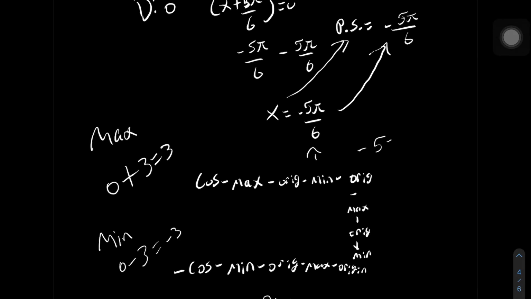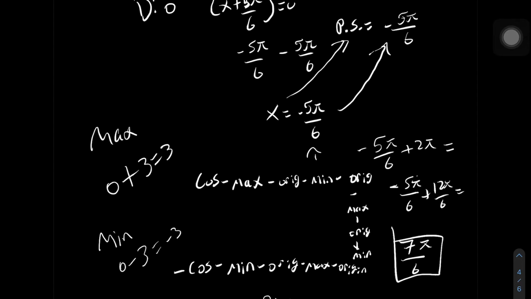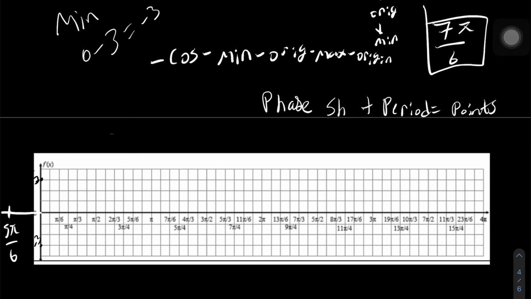So we have negative 5 pi over 6 plus 12 pi over 6, which is just positive 7 pi over 6, one of our points.